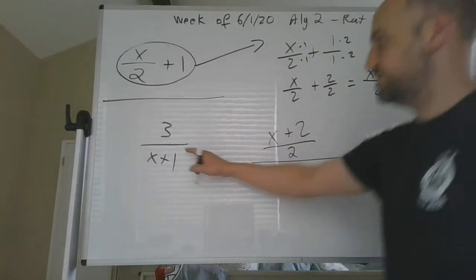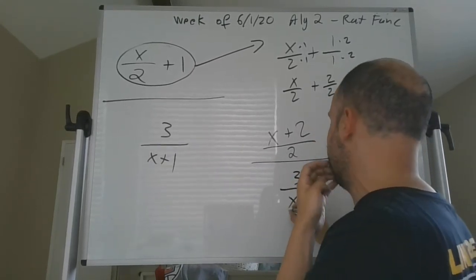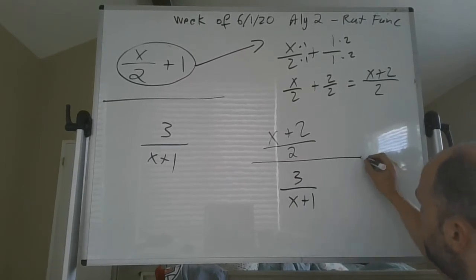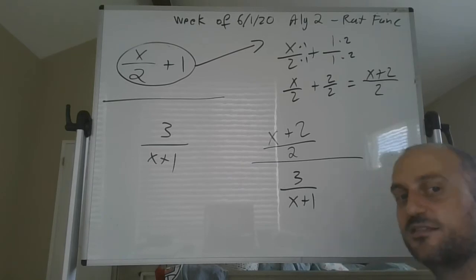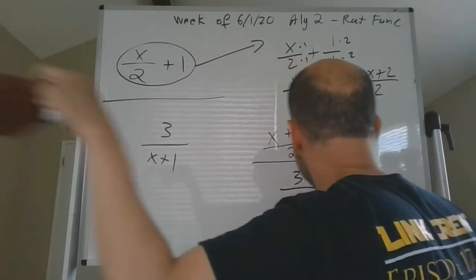Okay, now let's do this fraction. I'm going to rewrite this one right here, 3 over x plus 1. Now, let's think about this for a second. What does a fraction symbol really mean? A fraction symbol really means divide. So I'm going to rewrite this in a way that's a little more familiar.